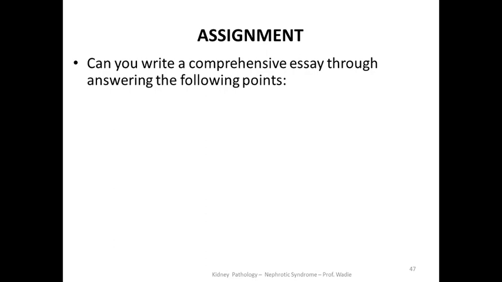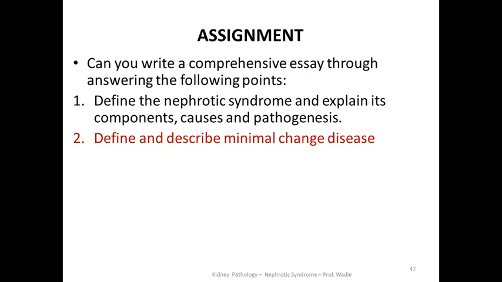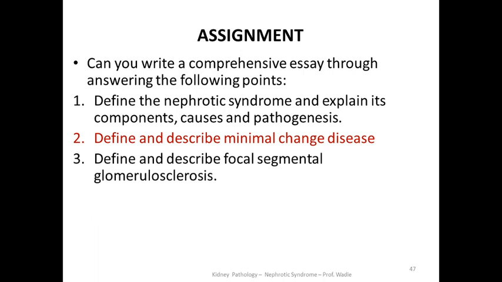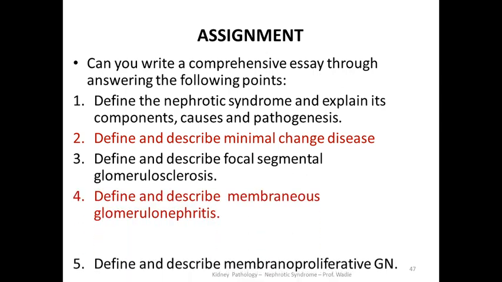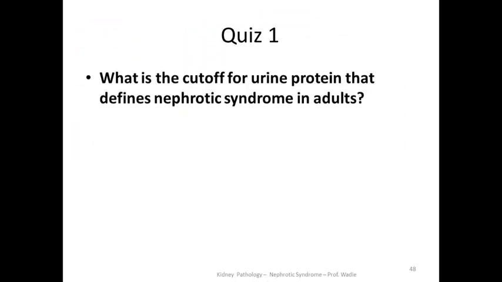And then I would like you to write an assignment about the intended learning outcomes. If you understood the points that I taught you here, you are going to write this assignment about the intended learning outcomes. And in the quiz section, I'm going to ask you certain questions that you need to read, and then try to answer by yourself before you see my answer.